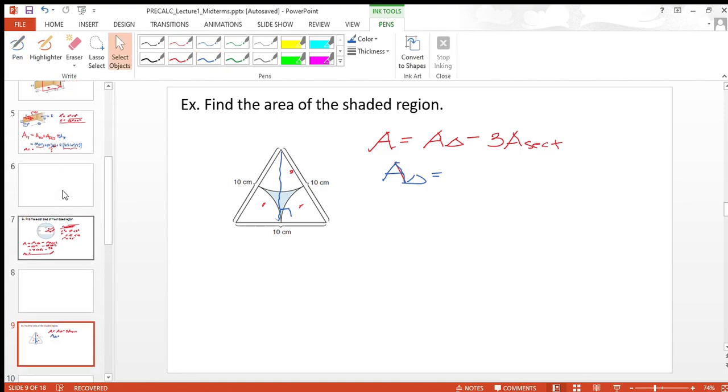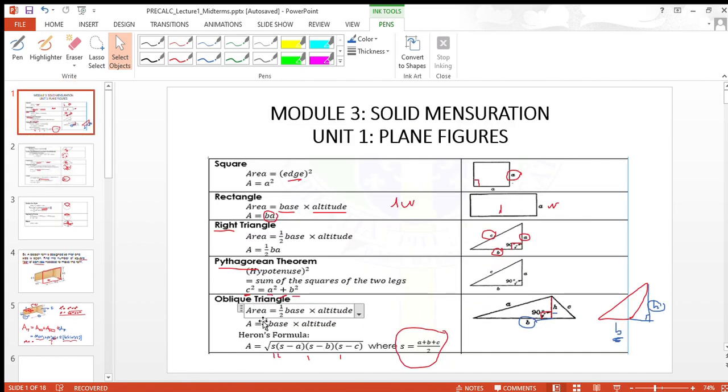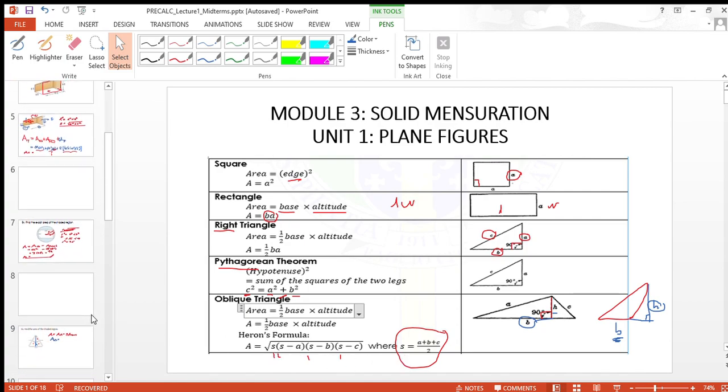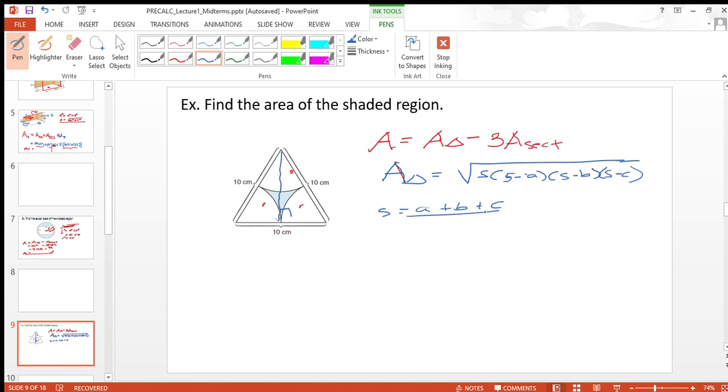And again, if you would like to review Heron's formula, it is given by the square root of S times S minus A times S minus B times S minus C, where S is A plus B plus C divided by 2.